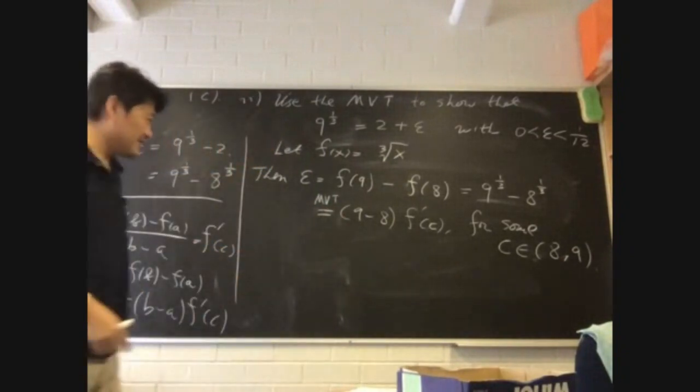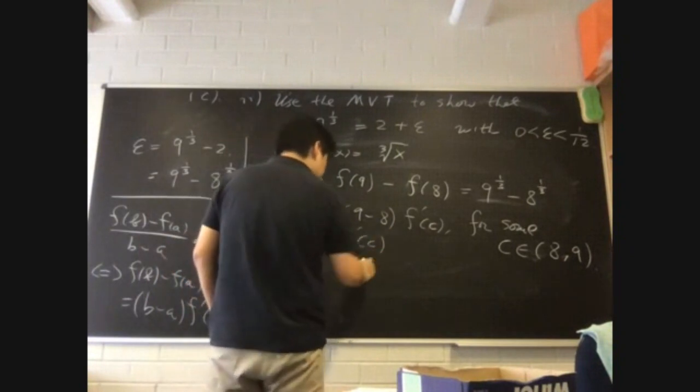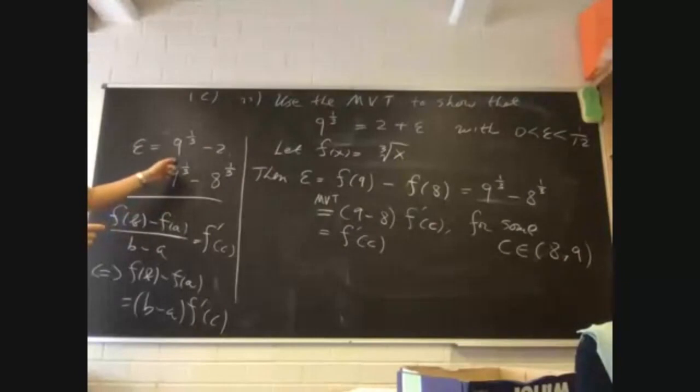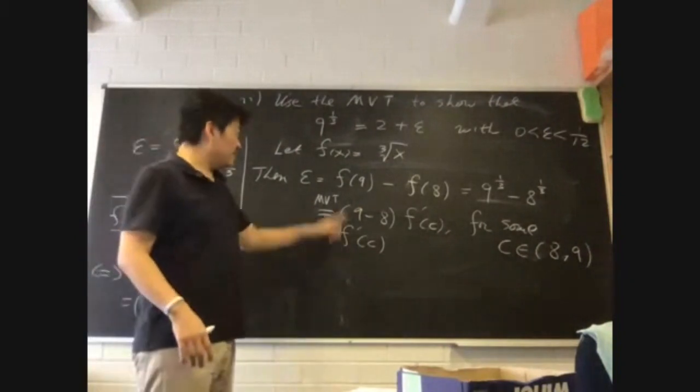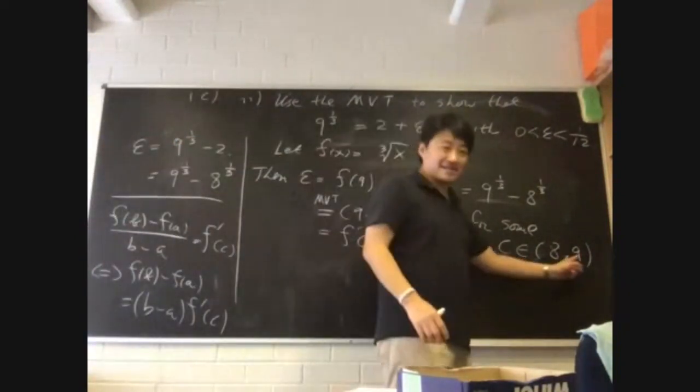Let's clean that up a little. 9 minus 8 is just 1, so epsilon equals f prime of c. Whatever the difference between the cube root of 9 and 2 is, it should equal exactly the derivative of this function at some point that's between 8 and 9.